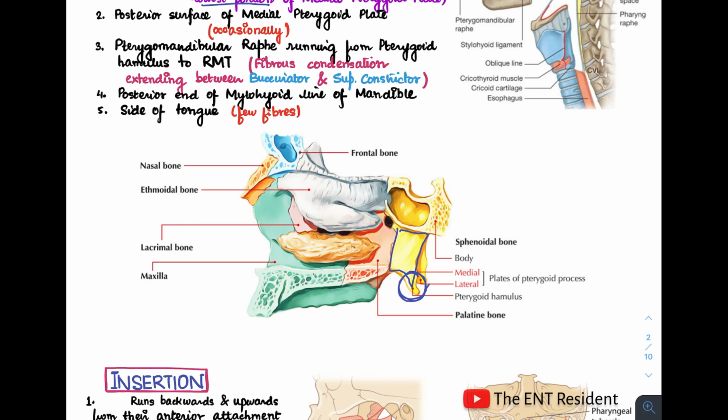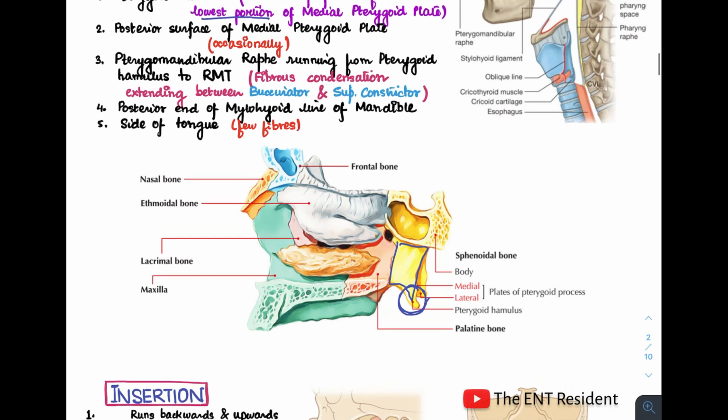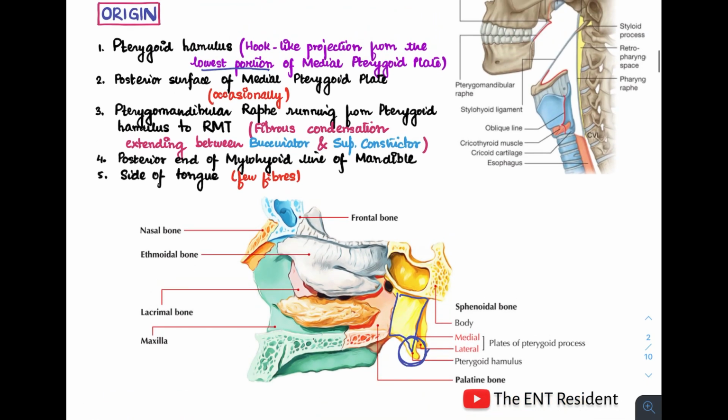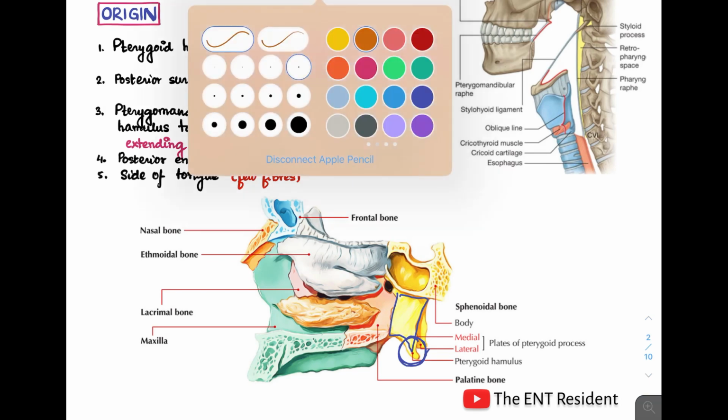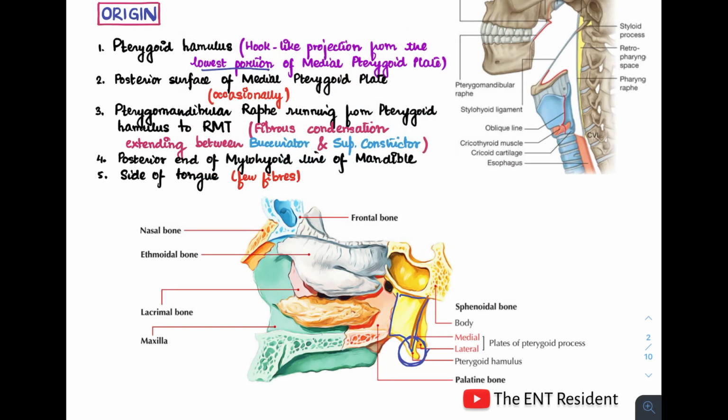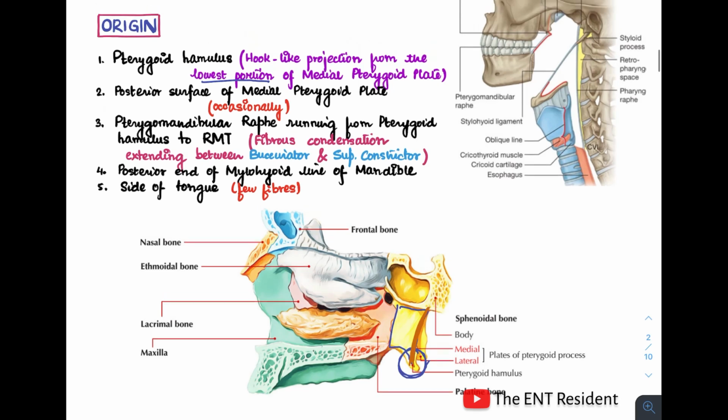This is the pterygoid hamulus. So this is the first origin of the superior constrictor. Next, it comes occasionally from the posterior surface of the medial pterygoid plate. As you can see, this is the posterior most part of the medial pterygoid plate, so this also gives origin to the superior constrictor.